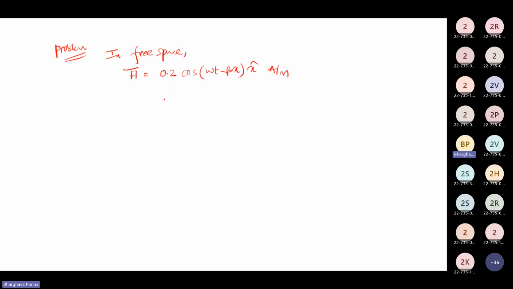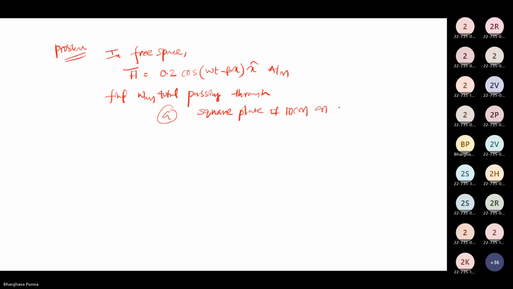Find the total power passing through a square plate of 10 centimeters on the plane x plus z is equal to 1, and b bit.